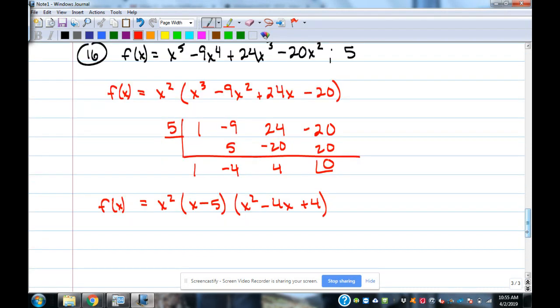Can I factor x squared minus 4x plus 4? Well, what method would I use? X method. So I'm going to try that. So 4 on top, negative 4 on the bottom. Multiply to be positive 4, add to be negative 4. Negative 2, negative 2. So that means it does factor as x minus 2 and x minus 2.